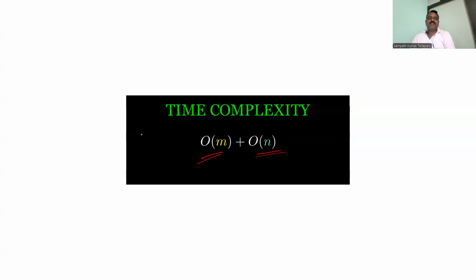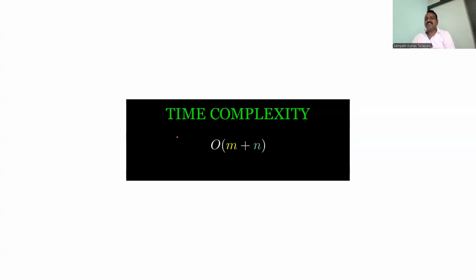Earlier, the complexity of my algorithm was order of m times n. Now, after implementing the KMP algorithm, the complexity is order of m plus n. It means it is going to increase the efficiency of your string matching algorithm drastically if you implement the KMP algorithm.